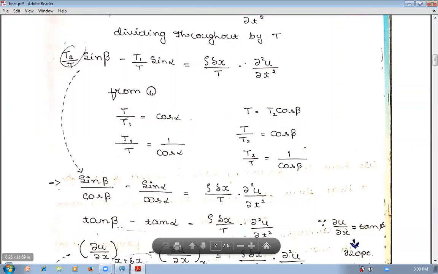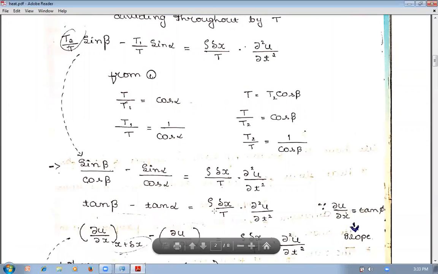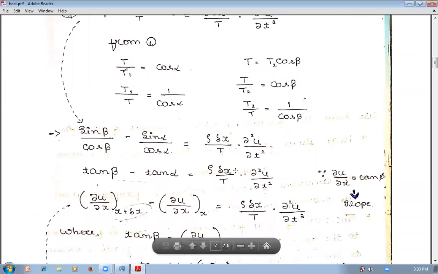This means tan beta minus tan alpha is equal to (rho delta x/T) ∂²u/∂t².